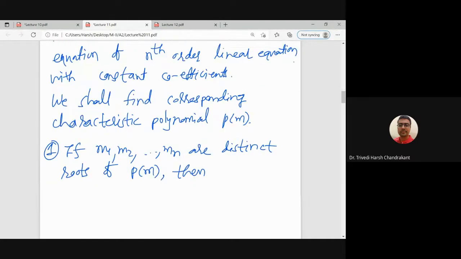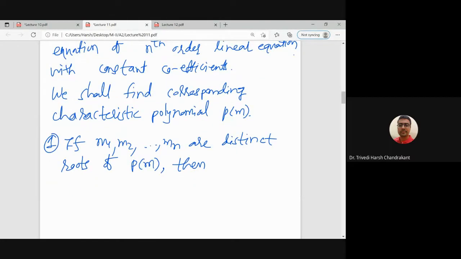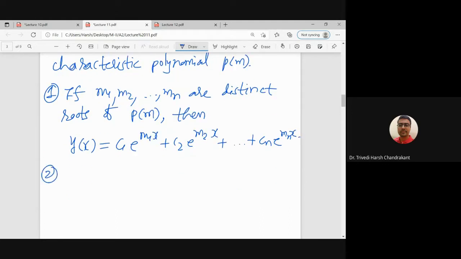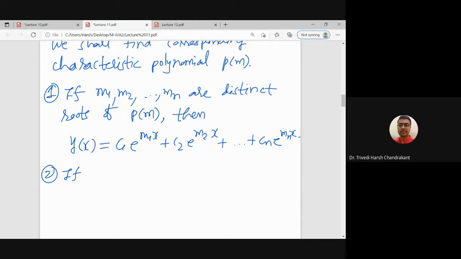Then we know that the way we are finding general solution, here also we can find general solution, and the general solution is y(x) equals to c1 e power m1x plus c2 e power m2x, up to cn e power mnx. Right. So whenever we have distinct roots, it is simple. The same way, if we have repeated roots, so suppose some particular root is repeating, here the root may repeat more than 2 times because this is nth order differential equation.